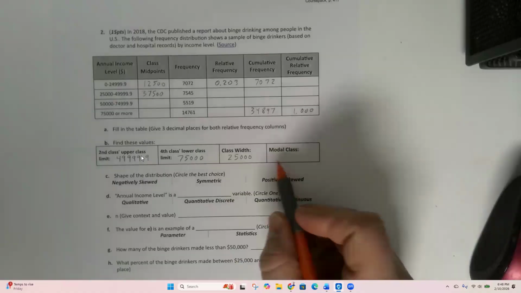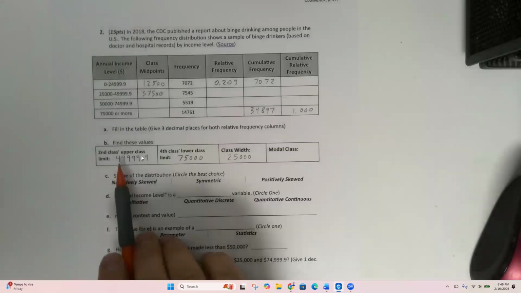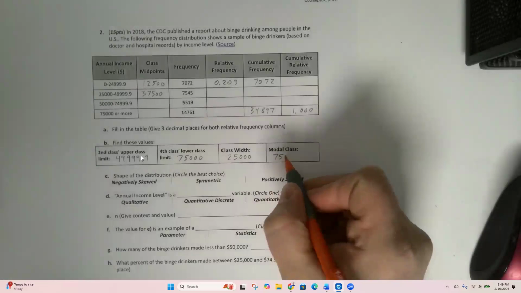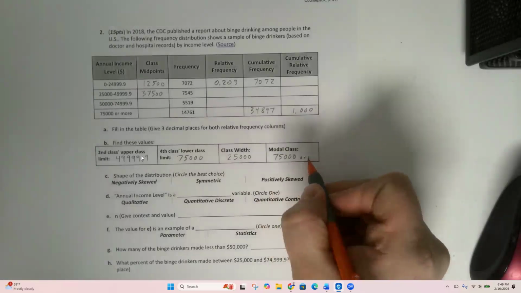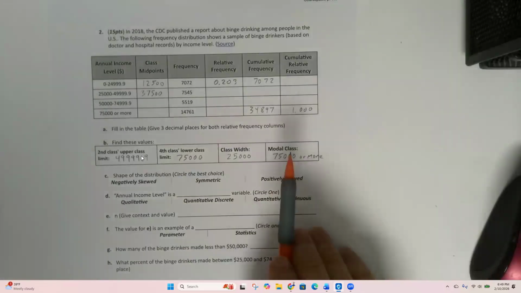So what's the modal class? It's the fourth. Yes, 75,000 or more, which is a problem. Okay, so I'll explain that in a second.